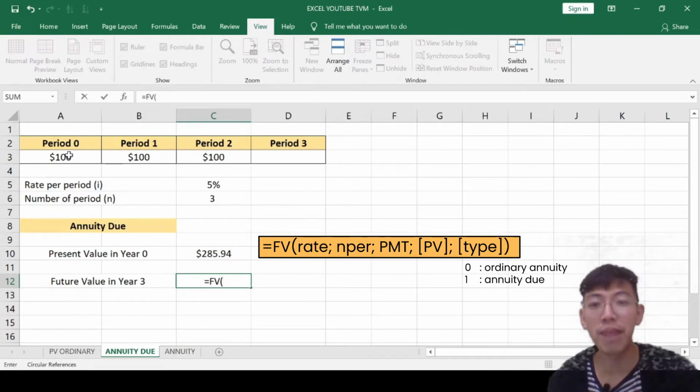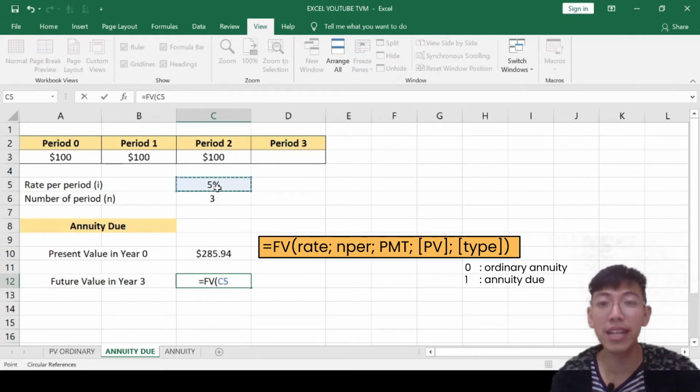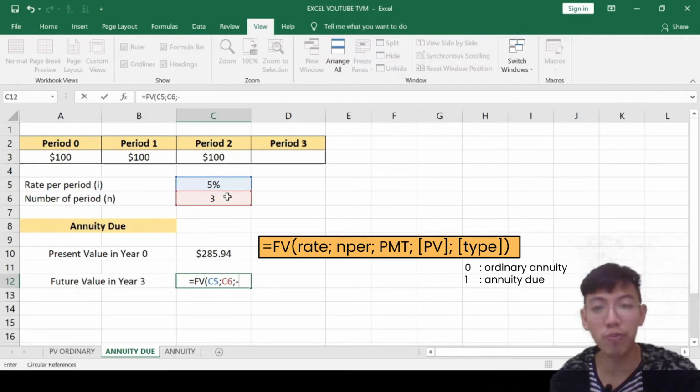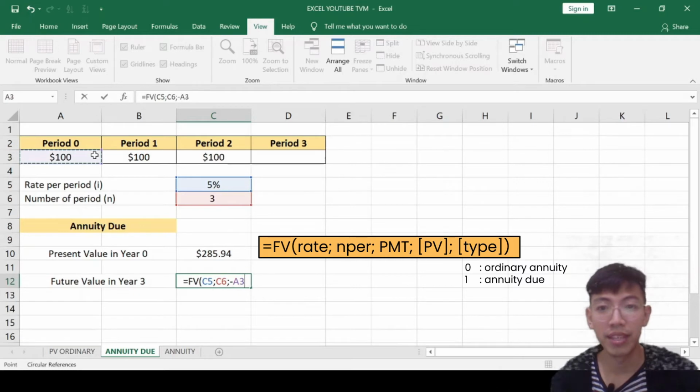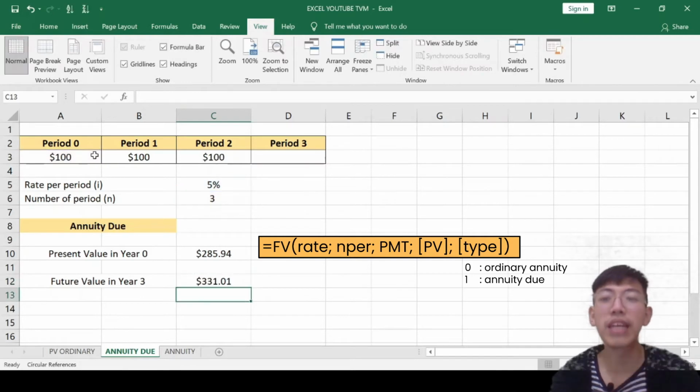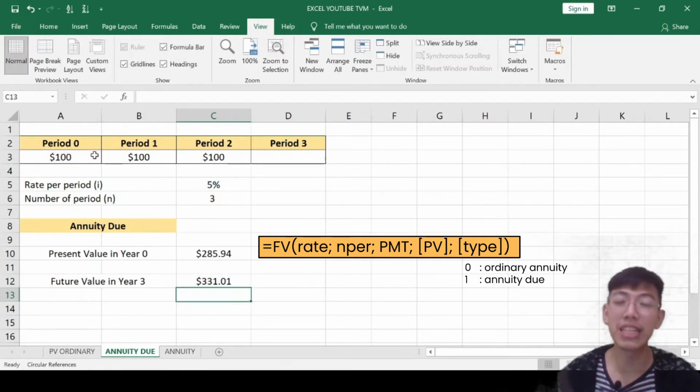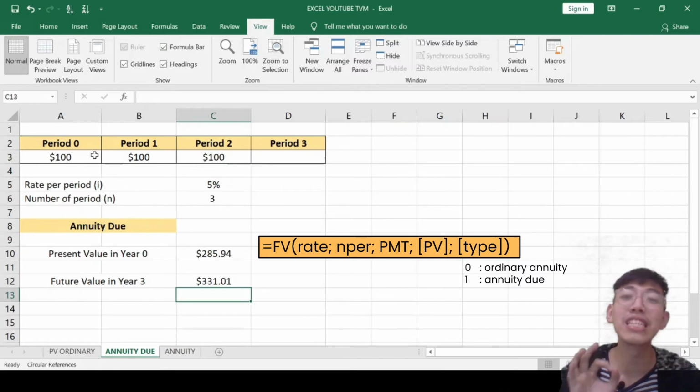Then how about the future value? FV, open bracket, the rate is 5%, the NPER is 3, PMT, don't forget to put a negative sign, the PV, just keep it, and then the type is 1, close bracket. Then we can find the future value in year 3 is 331.01.